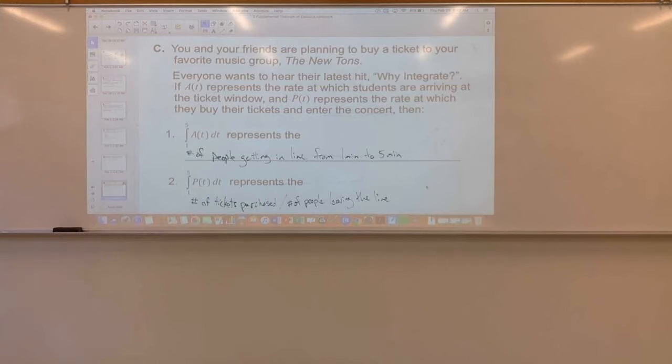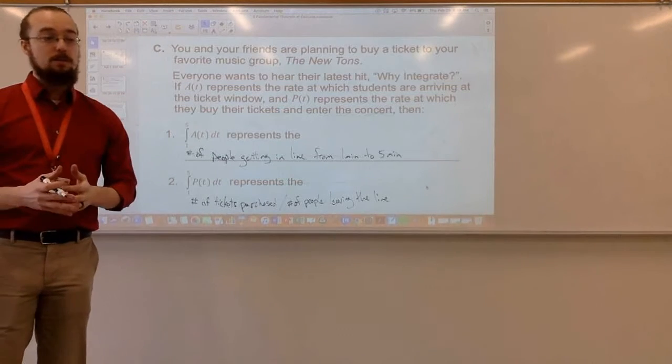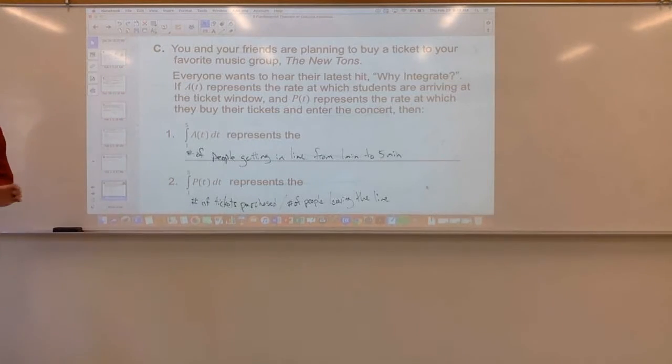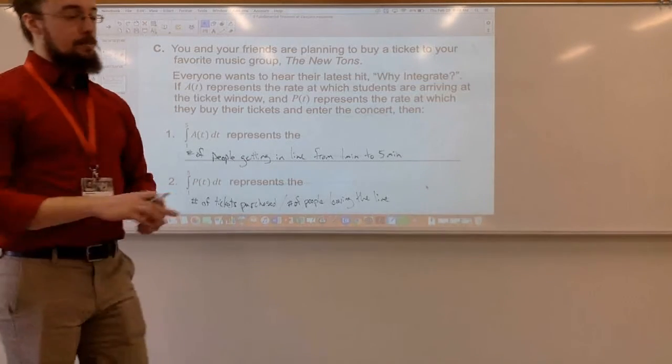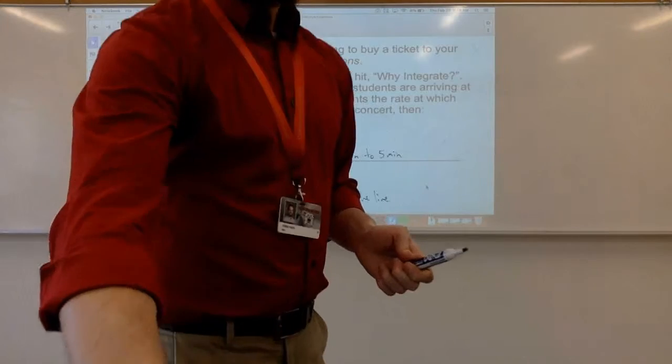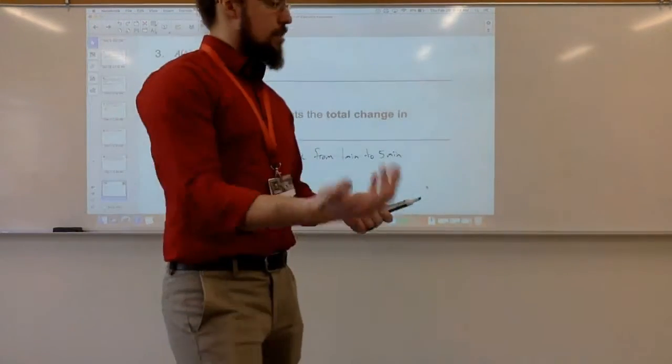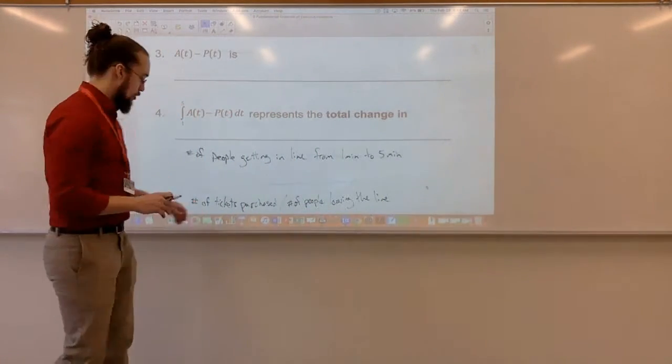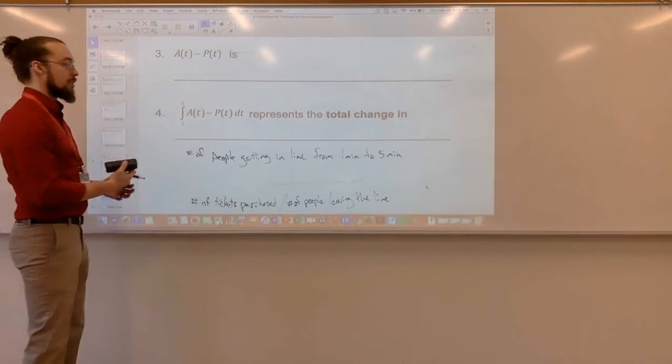So for number 3, we're still just talking about rate functions, right? Before I integrate, they're still rates. So if I take A of t minus P of t, that's just going to be the rate at which the line is growing or shrinking, the rate at which the length of the line is changing.